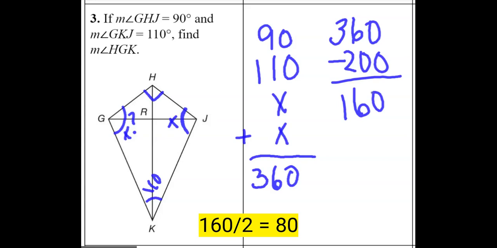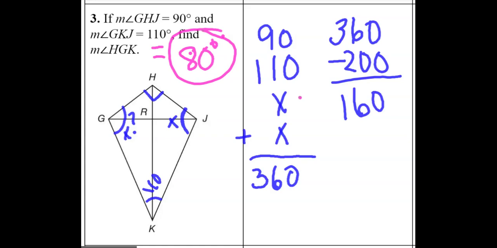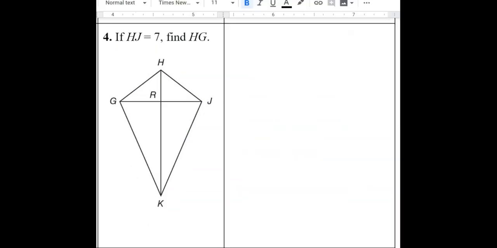That tells me that HGK is equal to 80 degrees, because 160 divided by 2 is 80 degrees. And if you add all of those angles together, 90 plus 110 plus 80 plus 80, you're going to get 360 degrees. For number 4, we have HJ equal to 7, and we need to find HG.